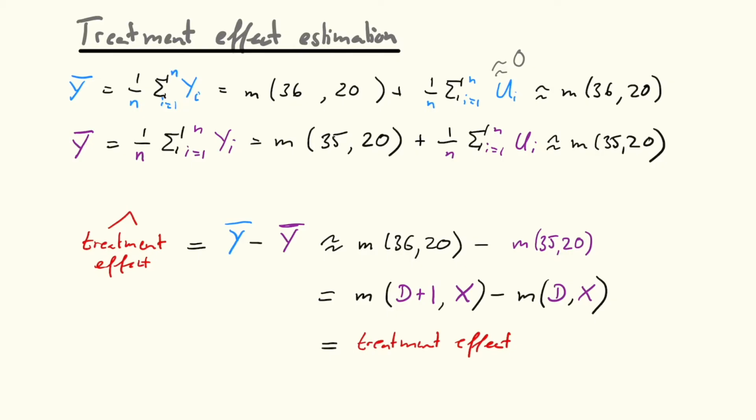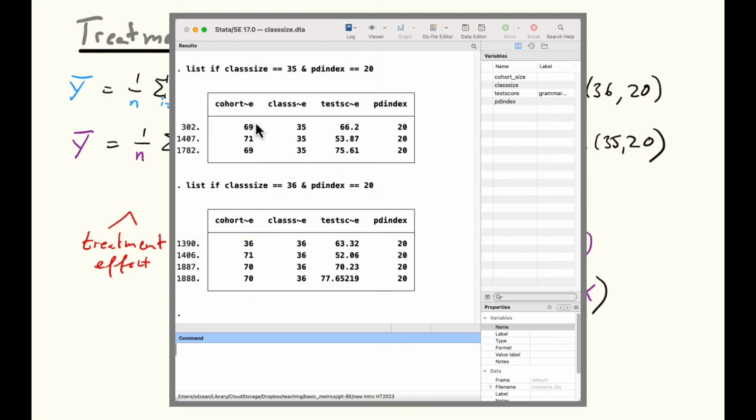But there was an issue with this strategy. Do you remember? Yes, that's right. The subsamples that we picked were really small. They consisted only of 3 and 4 observations. That's way too small to be informative about the population. Ideally, we want to use our whole sample and not just these small subsamples to learn about treatment effects.